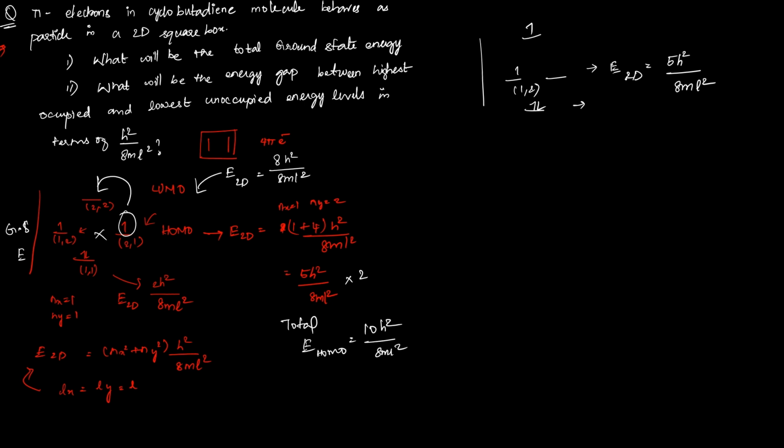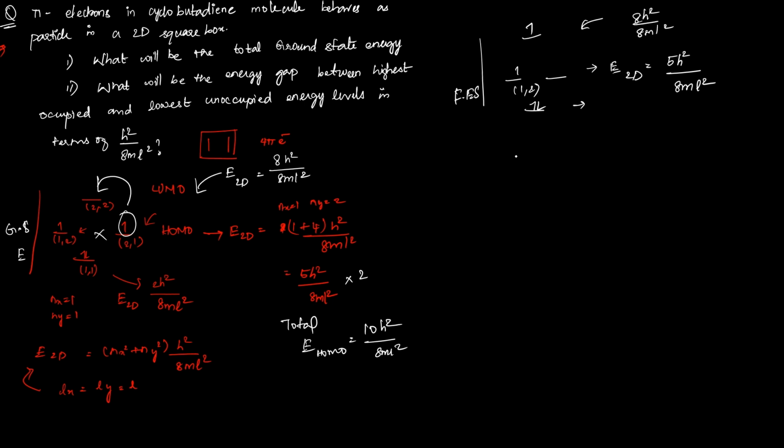But in your first excited state, it's going to be 5h square by 8ml square. This is for your first excited state. Okay, and we know the energy for your LUMO is going to be 8h square by 8ml square, ஓகேவா?